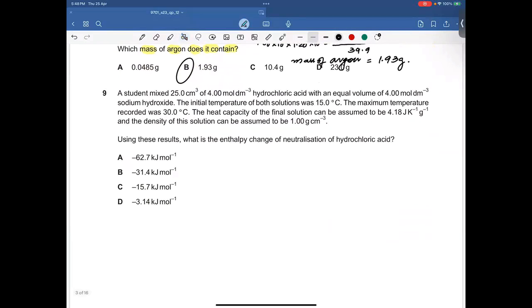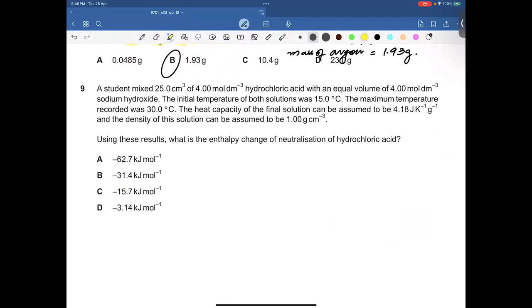Question number 9. A student makes 25 cm cube of 4 mole per dm cube hydrochloric acid. Let's find out the moles of HCl first. We know the concentration, we know the volume.